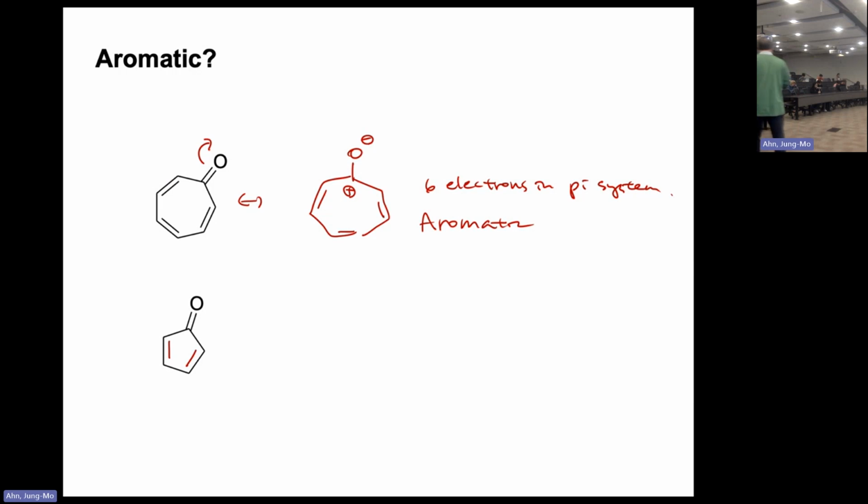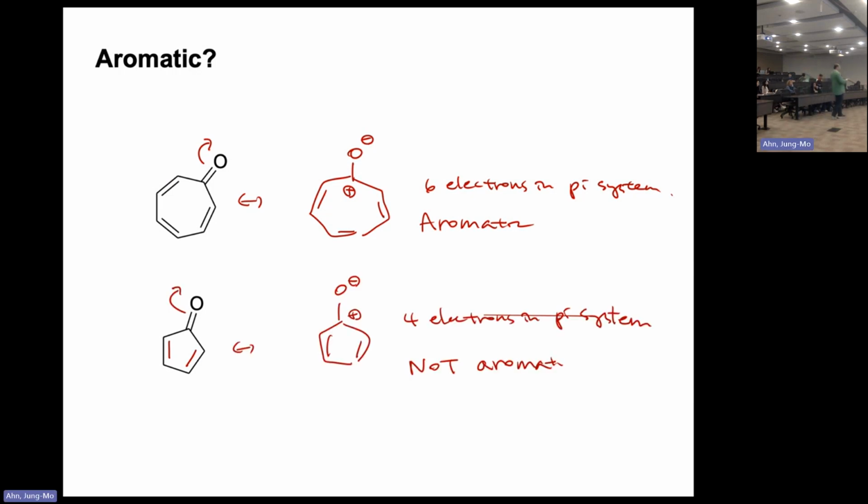Definitely the 2 double bonds give 4 electrons. And then for this carbon, we need to decide how many electrons can be given. Oxygen has a lone pair, so if you push that so the pi electrons come into the system, that makes it 6 electrons.